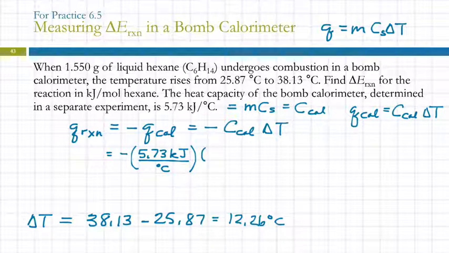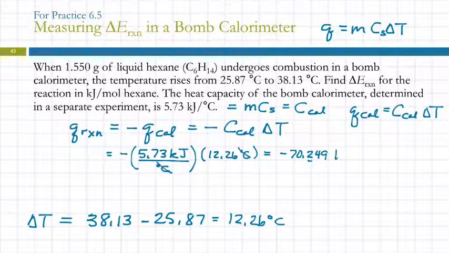And that's times delta T, which we figured out was 12.26. And then when we look at the units, the temperature cancels out. So minus 5.73 times 12.26, negative 70.249 kilojoules.